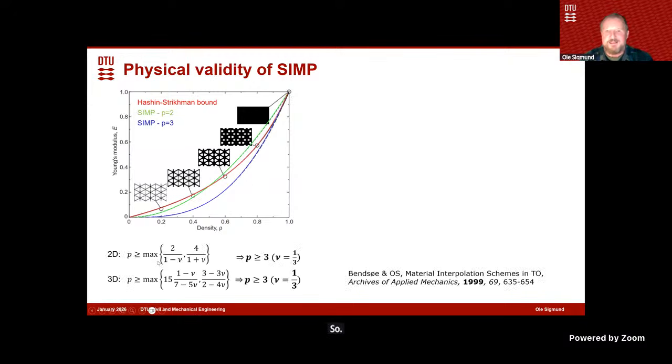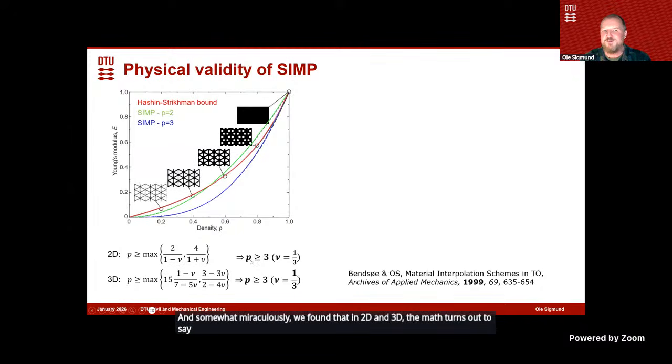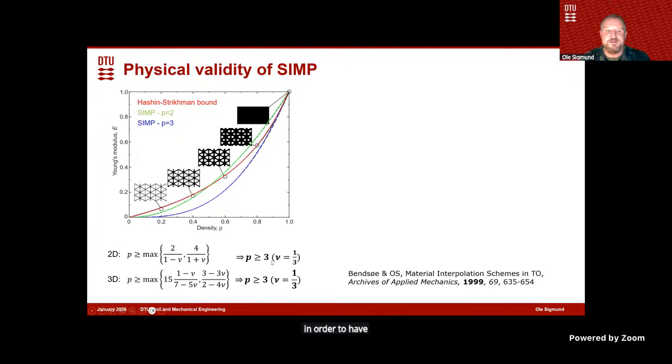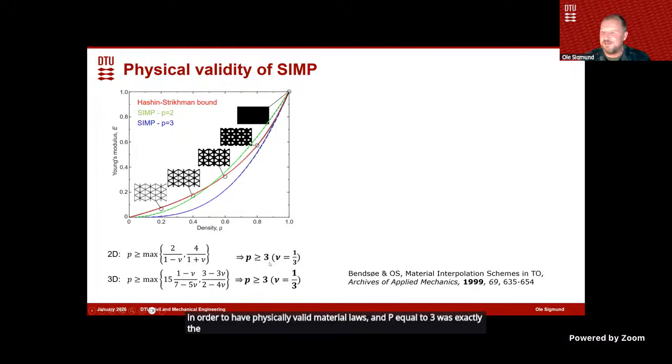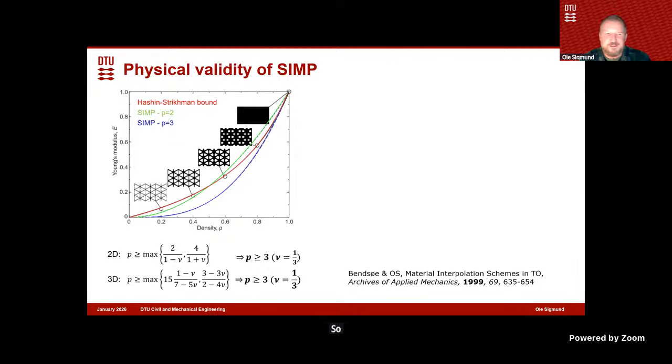So indeed, and actually we could do the analytics, and somewhat miraculously, we found that in 2D and 3D, the math turns out to say that P has to be larger or equal to 3 if the Poisson's ratio is a third in order to have physically valid material laws. And P equal to 3 was exactly the magic number that everybody used in the field up to then. So this shows that the SIMP law is actually physical as long as you have some conditions on the power P.